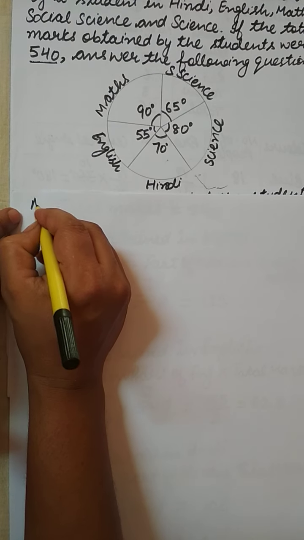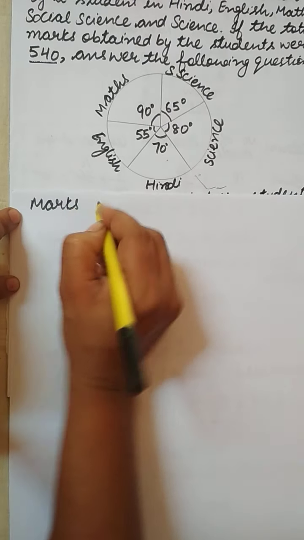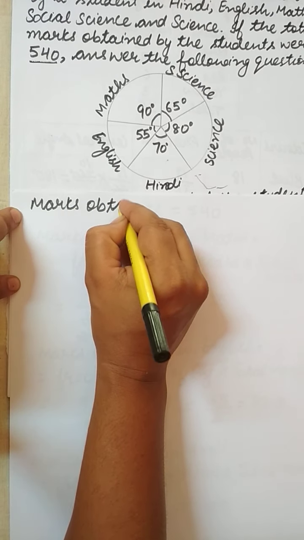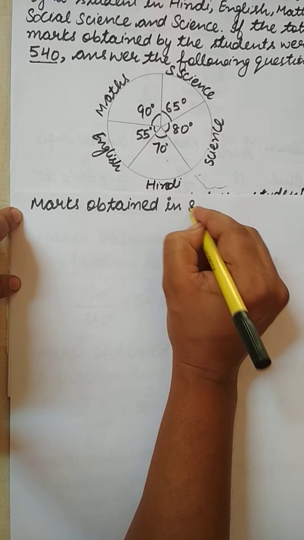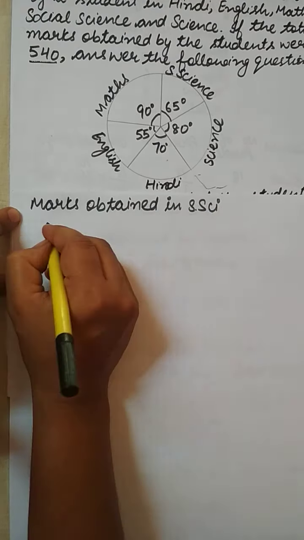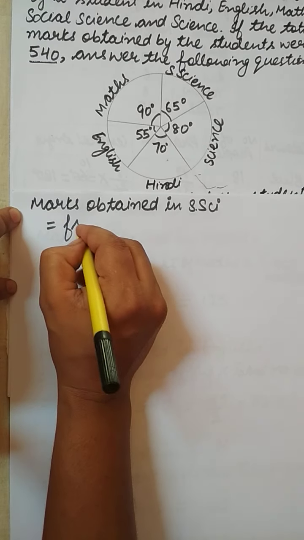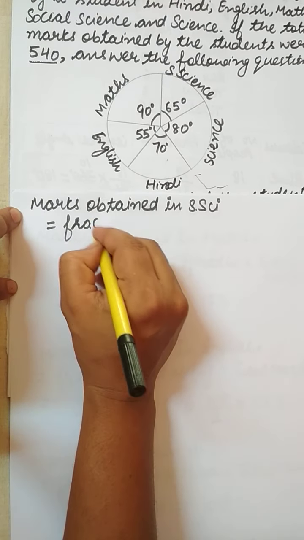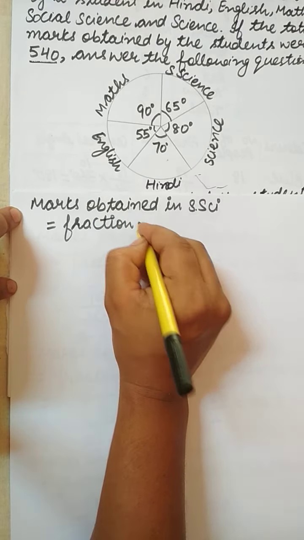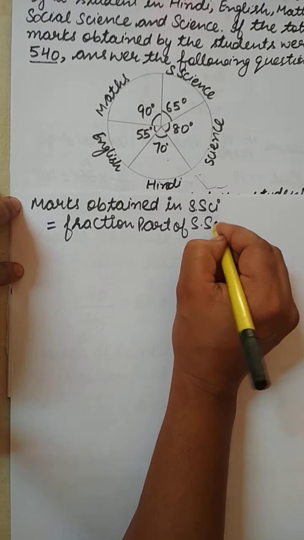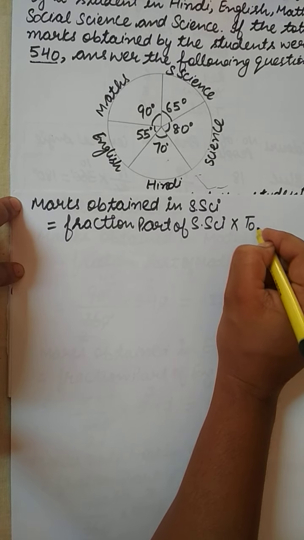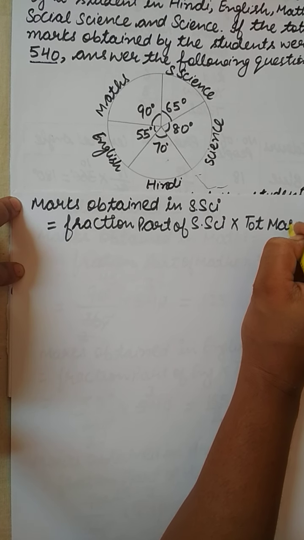Now marks obtained in social science will be equal to fraction part of social science multiplied by total marks.